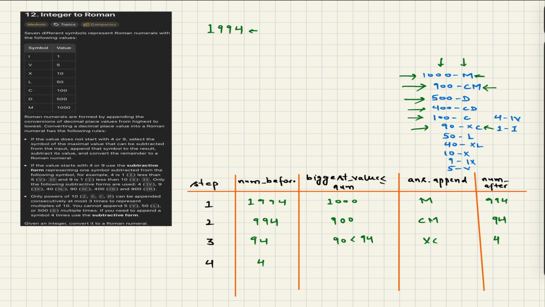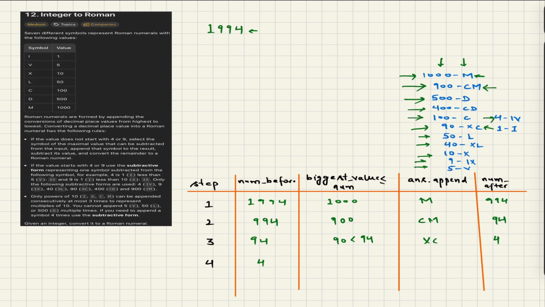So again I have 4 right now, and I'll see if 4 is greater than 50, greater than 40, greater than 10, or greater than 9, or greater than 5, greater than or equal to 4.